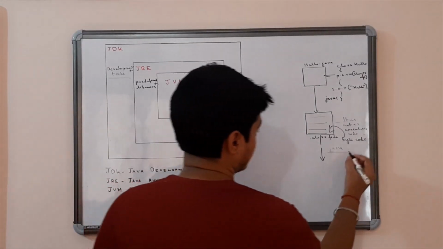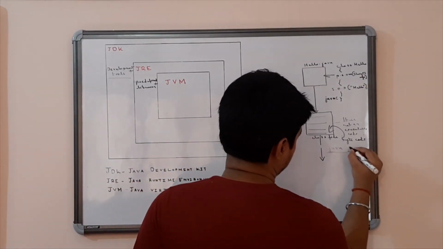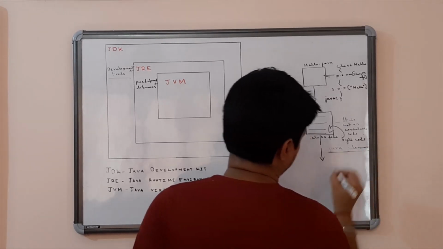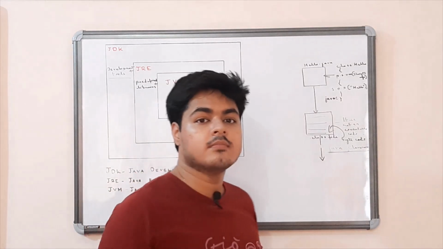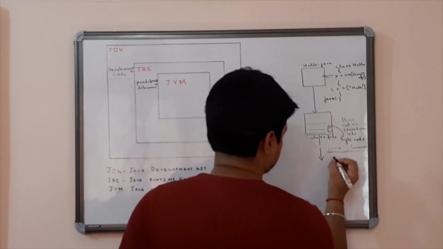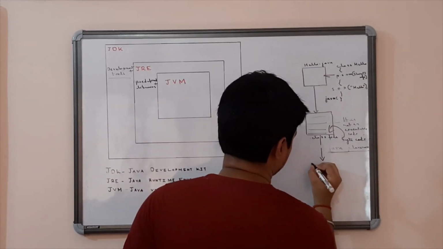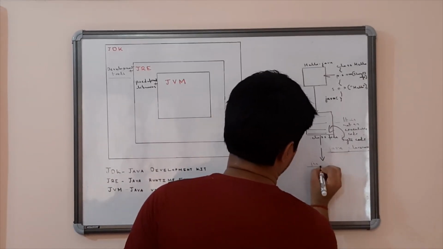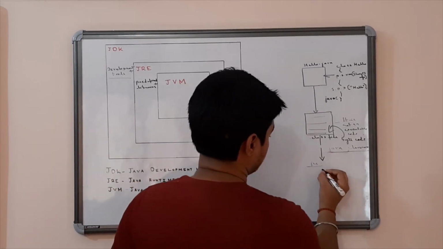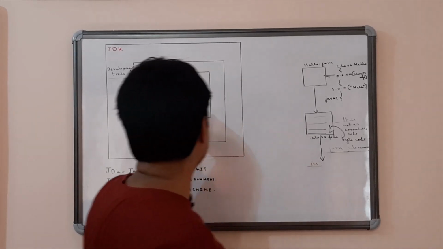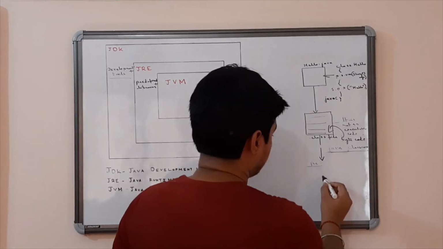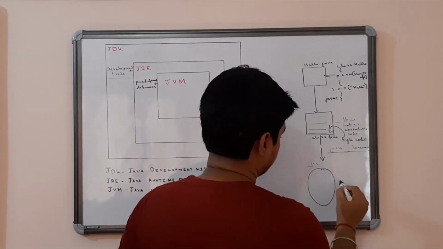Now when you write the java class name command in the terminal, the first thing it does is search for a JRE. When a JRE is found, the JVM present inside this JRE gets instantiated and an object of JVM is created.